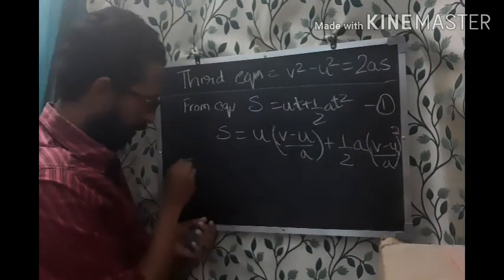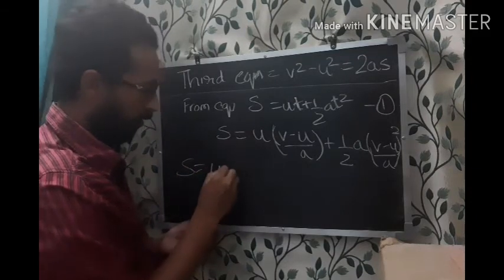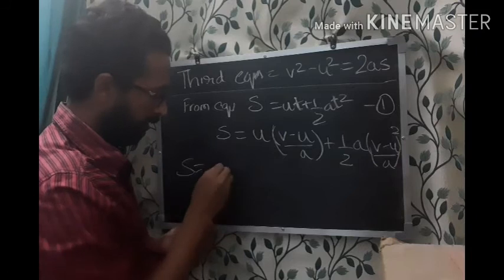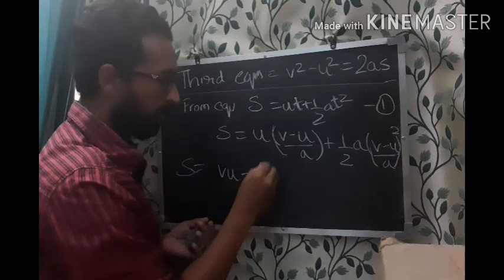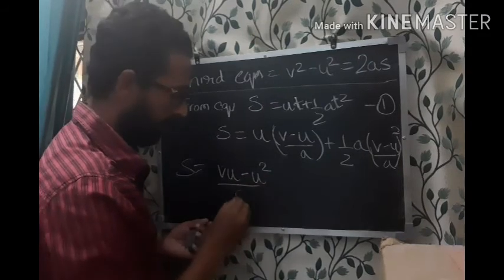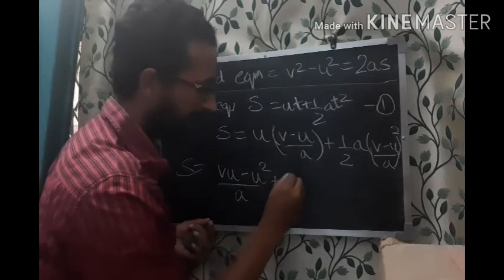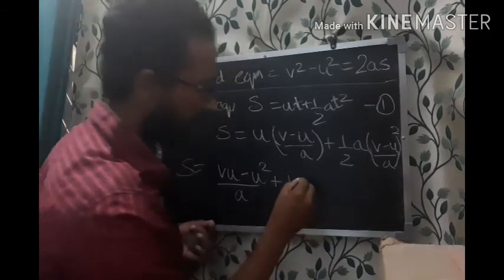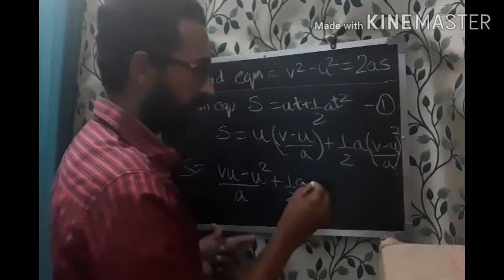Now I will multiply this. I will write it as vu minus u square upon a. This will be the first part, and the second will be 1 by 2 a, v minus u whole square.